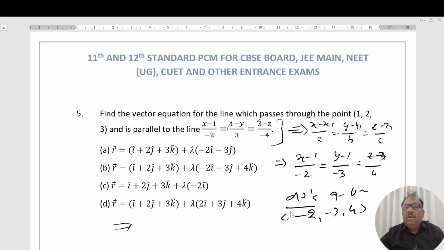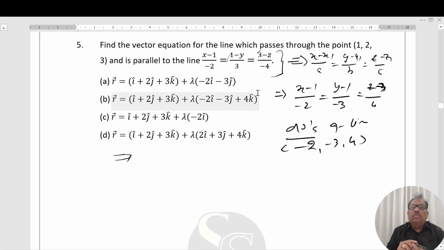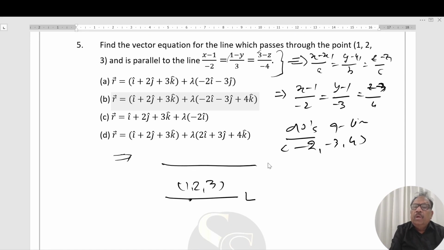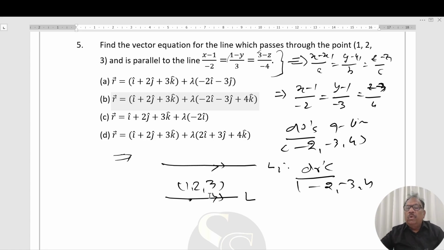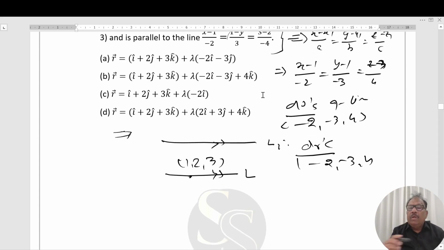Right? Now, we have to find the equation of the line. This line is passing through the point 1, 2, 3 and is parallel to the given line L1, whose direction ratios are minus 2, minus 3, 4. For two lines to be parallel, L is parallel to L1, therefore the direction ratios will be the same.